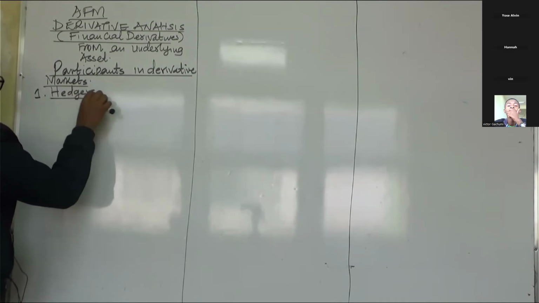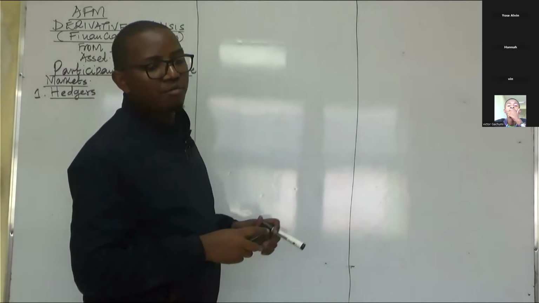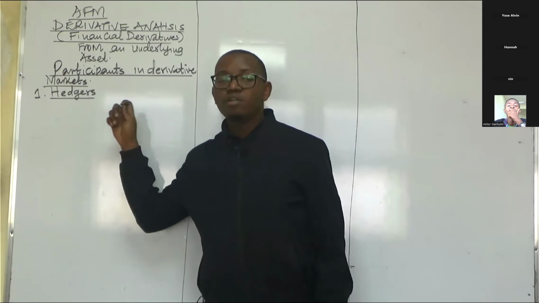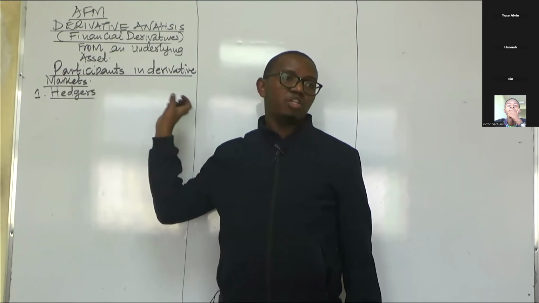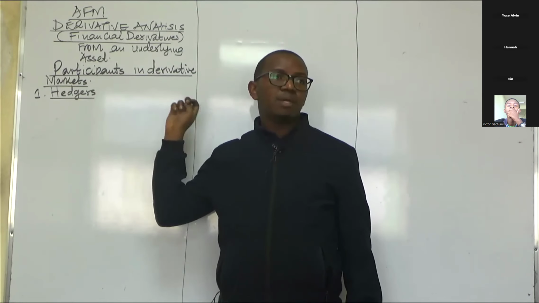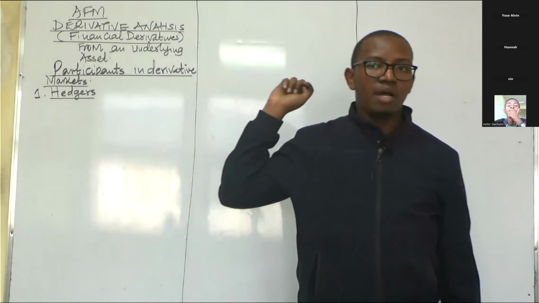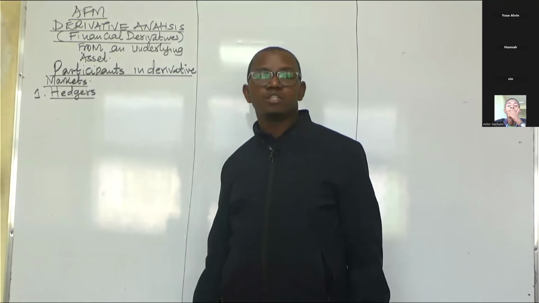Hedgers. The hedgers are those that enter the derivative market to minimize risk. This is from the word hedging. Hedging is a mechanism of reducing the price risk. And the hedgers here are concerned with what we call the savings.